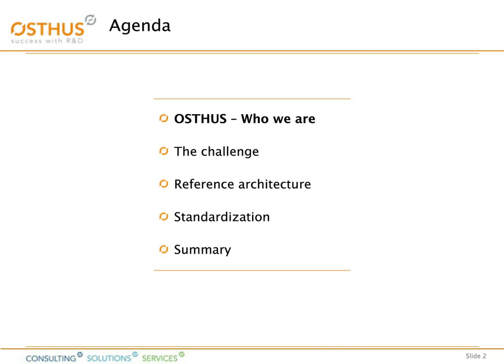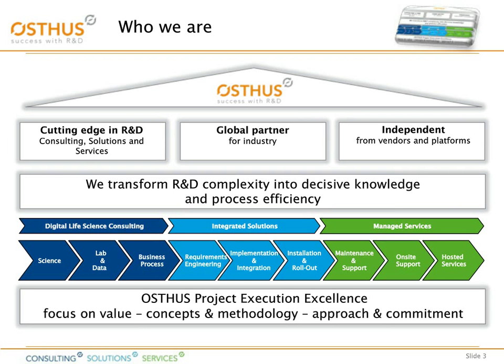So I start with a short introduction to OSTHUS. OSTHUS was founded in 1996 with OSTHUS GmbH in Germany. In 2013, we started OSTHUS Incorporated in the US, and in 2015, we opened a new site in China. By now, we are about 65 R&D domain experts.